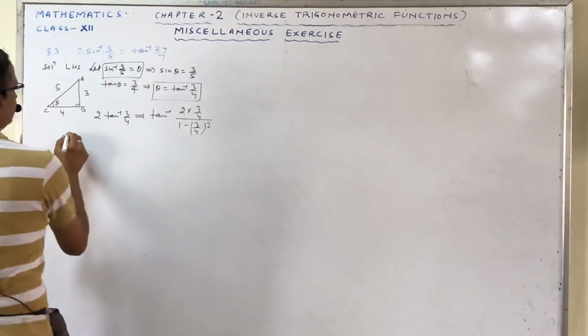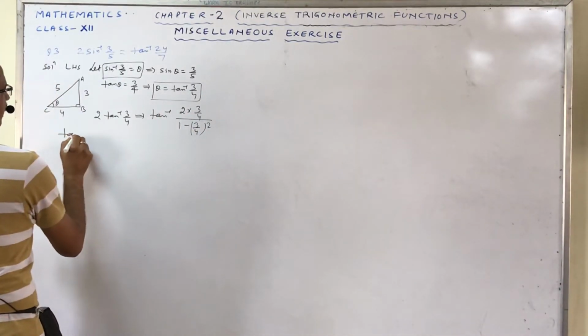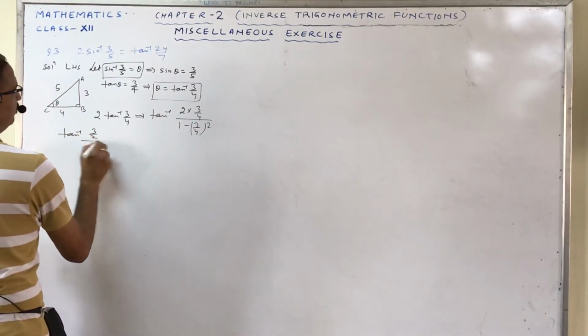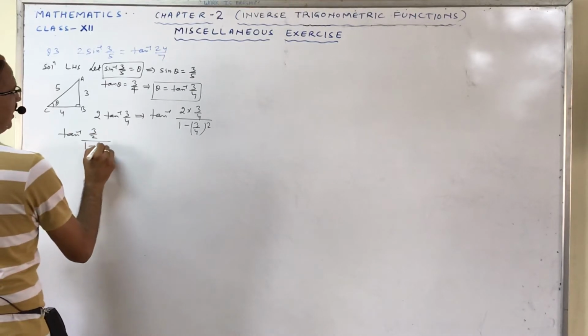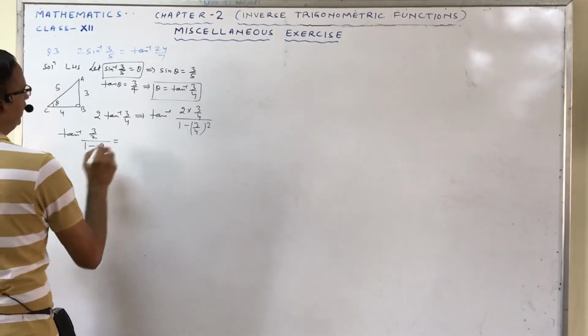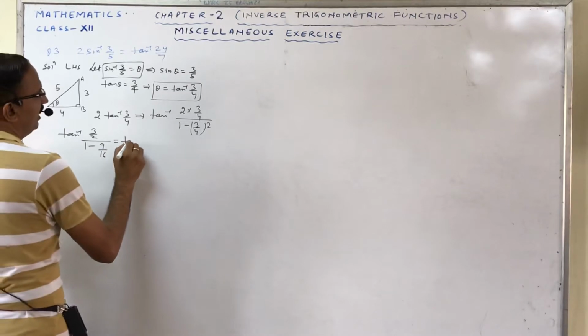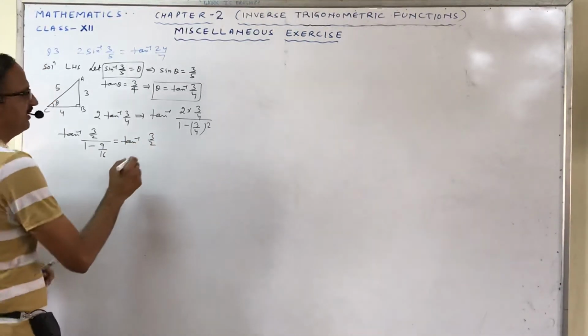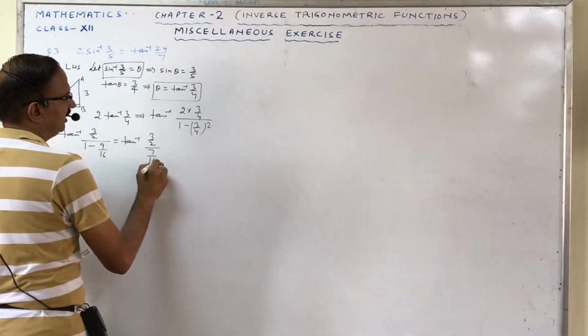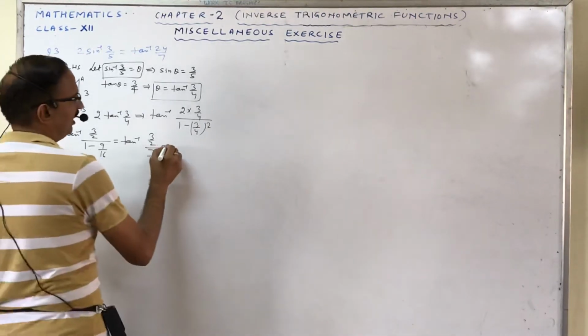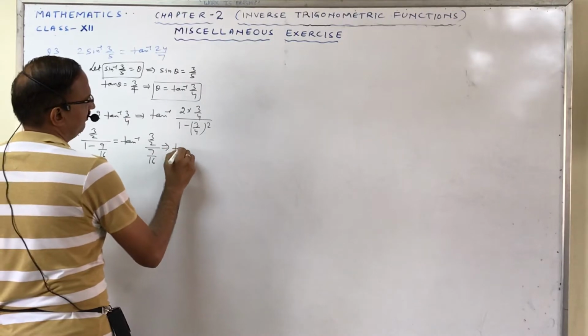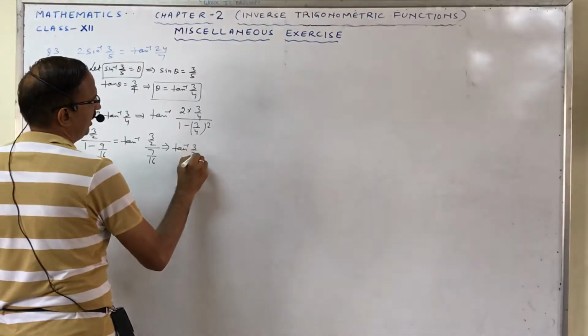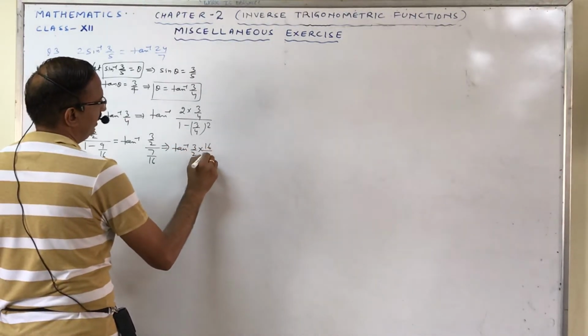These two cancel out and we will get tan inverse 3 by 2. In the denominator we have 1 minus 9 by 16. So altogether we have tan inverse 3 by 2 and this becomes 7 by 16. So after further simplification we will get tan inverse 3 by 2 and this is 16 by 7.